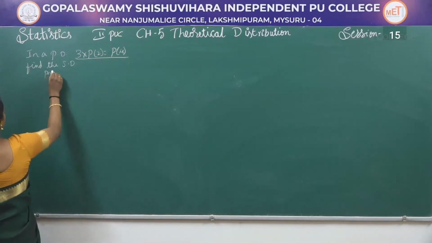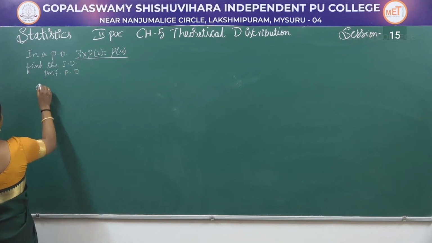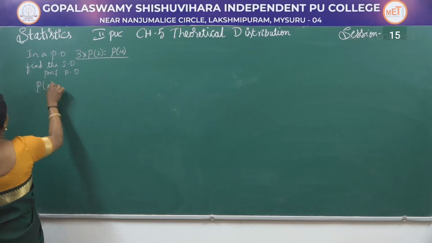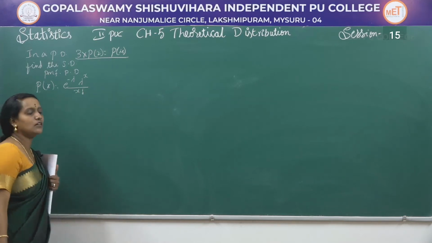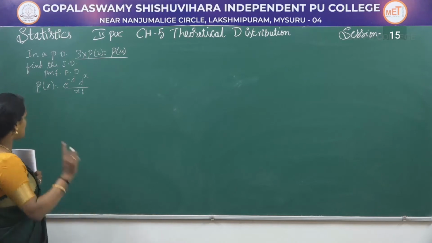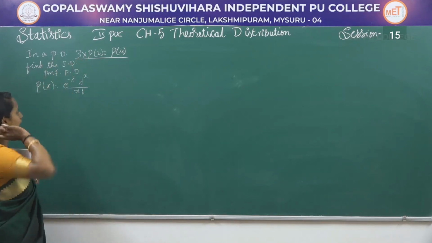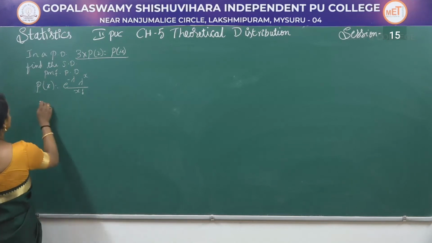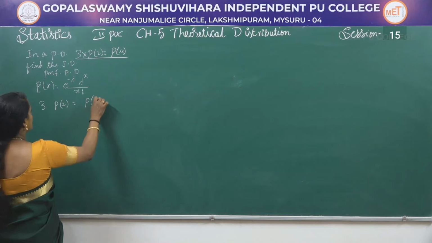First I'll write the PMF of Poisson distribution. It is P of x equals e power minus lambda, lambda power x by x factorial. So this is the PMF of Poisson distribution. Using this relation, we have to find the lambda value first. That is 3 times P of 2 is equal to P of 4.